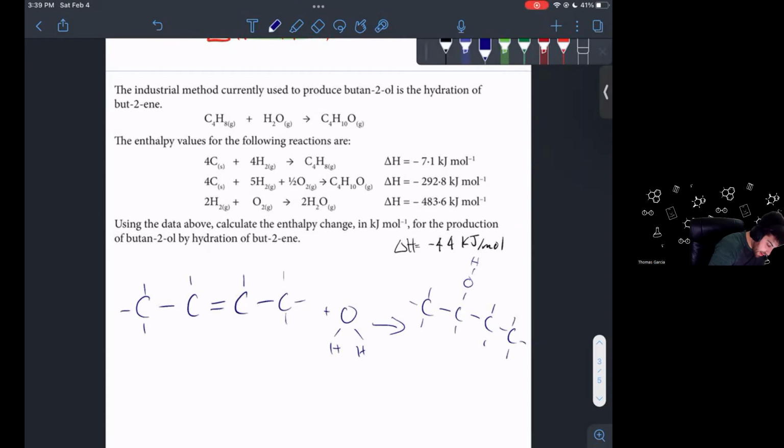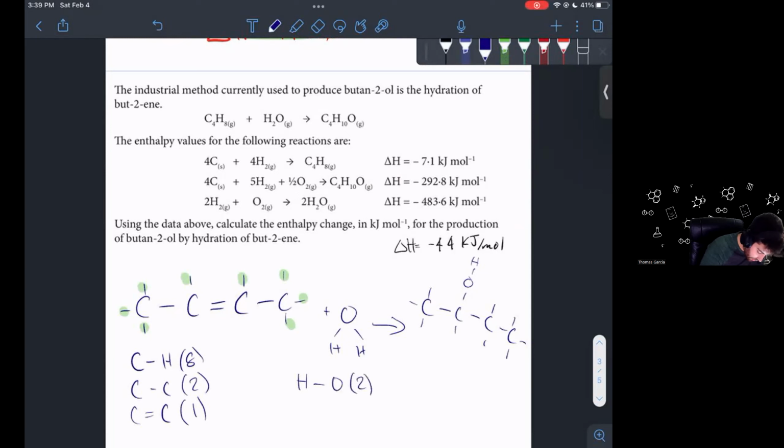So let's go ahead and count. We have 1, 2, 3, 4, 1, 2, 3, 4, 5, 6, 7, 8 carbon-hydrogens. Carbon-hydrogen, we have 8. We also have carbon-carbon, we have 2. And we have carbon double bond carbon, we have 1. Our H2O has H-O bonds, we have 2.